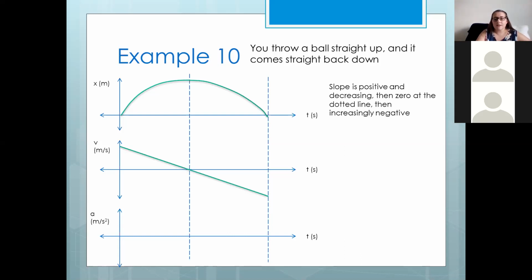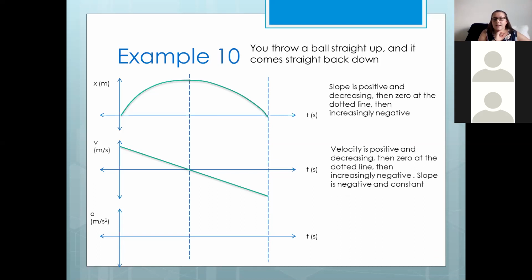And since our velocity graph is not just a horizontal line, it's positive and decreasing, then 0 at the dotted line, then increasingly negative. The slope of our velocity graph is negative. It's a constant negative. And so our acceleration graph is a constant negative number.